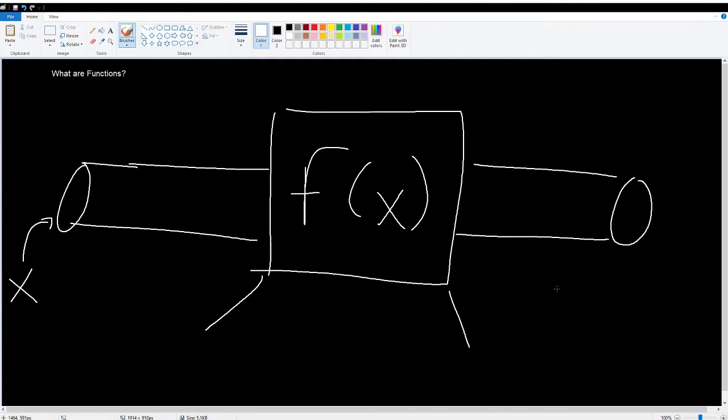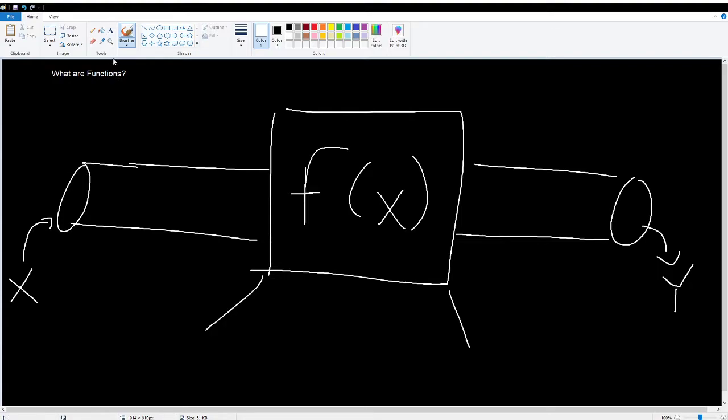Your input is x and your output is y. So this function takes in an x, you shove this x into it, and this function does some kind of magic to it and spits out a value or an output for your given x, or for your given input.